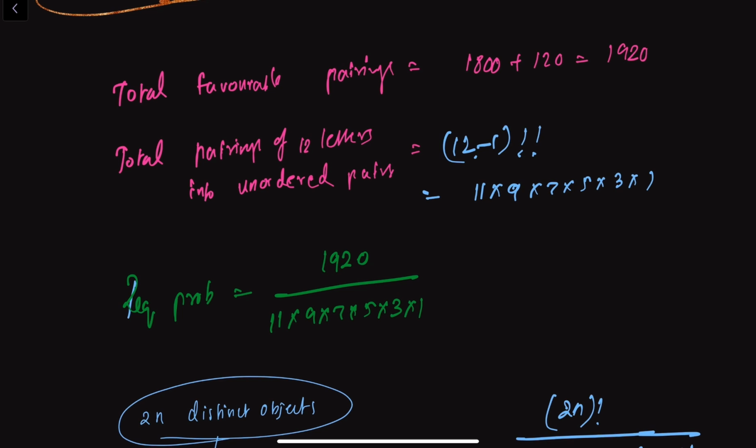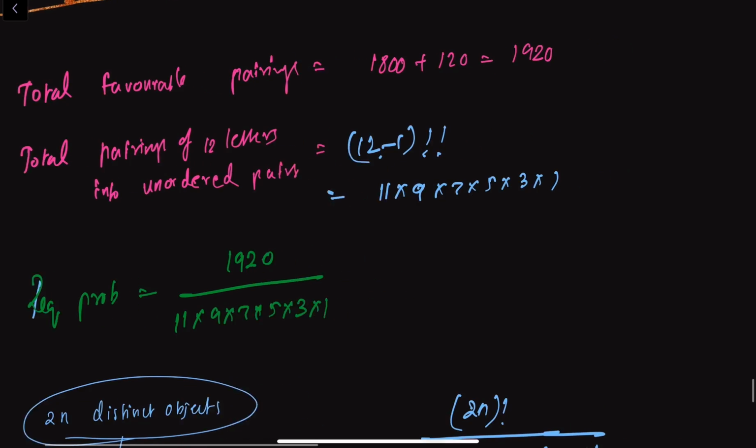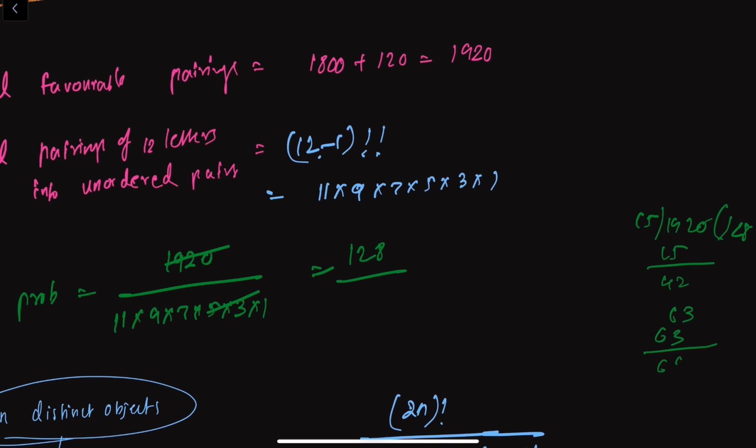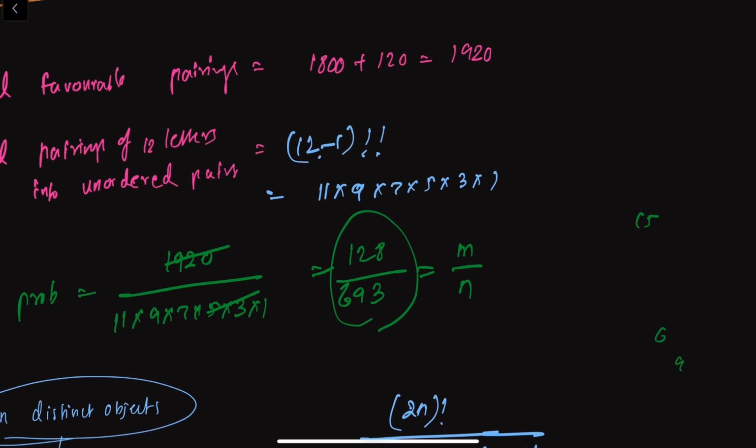When we divide 1920 by 15, we are left with 128. The denominator becomes 63 into 11, which would be 693. So this is our required probability.